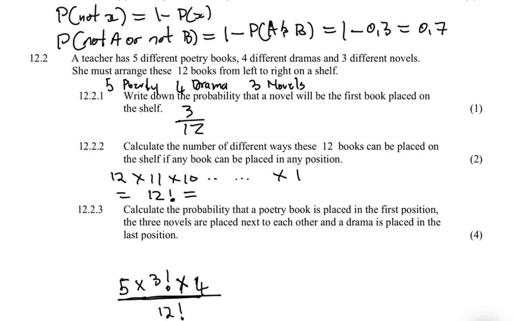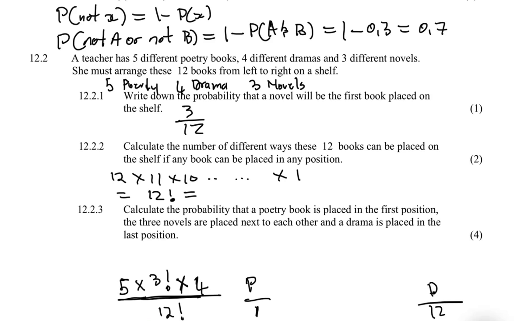So when we have placed this book, we still need to place the rest of the books, right? So in position number 1, we have placed a poetry book, and then in position number 12, we have placed a drama book.